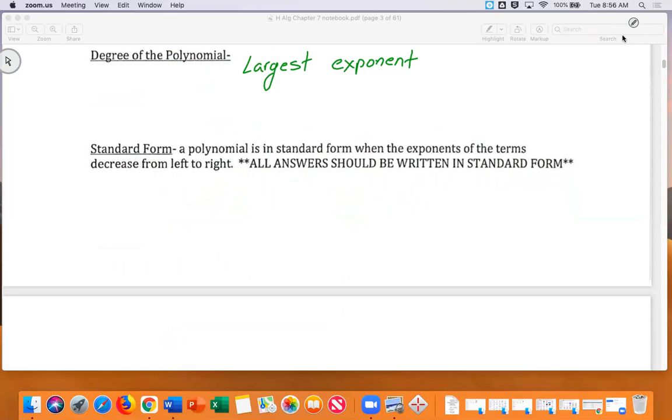And then this is real big, and that's why I filled it in for you. Standard form is how I write my answers, and that's how we're going to write our answers here. Standard form is writing our equation or expression in an order such that the largest exponent comes first and then it decreases from there. So for example, x squared goes first, then your x, then your constant term. You're going to see that in a second, Mateo.